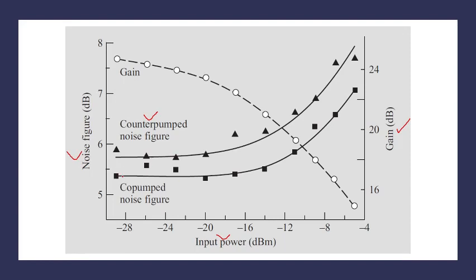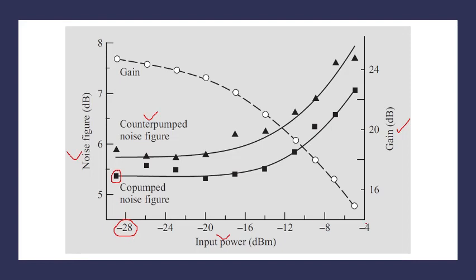The major difference between co-pumped and counter-pumped amplifier is that a co-pumped has a relatively low noise figure, whereas counter-pumped has more gain efficiency as compared to co-pumped. At a particular noise level, as you can see, the input signal is always minimum.